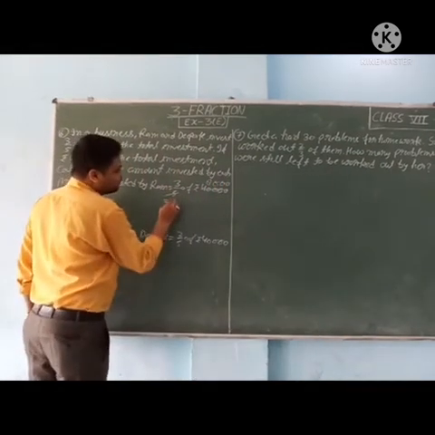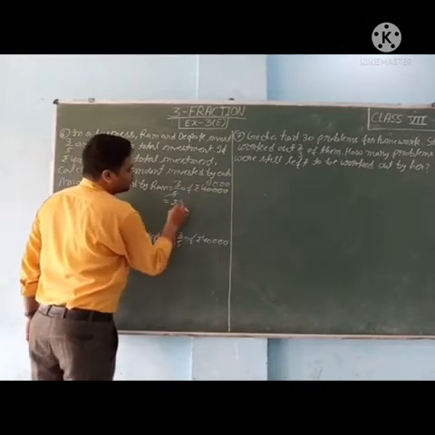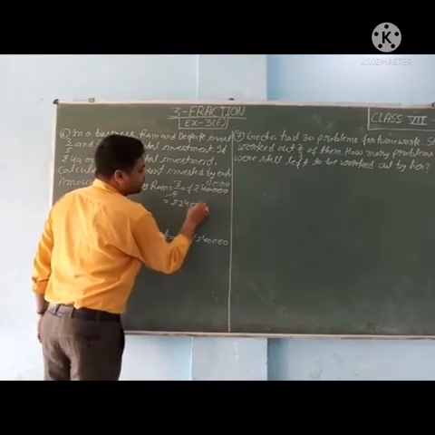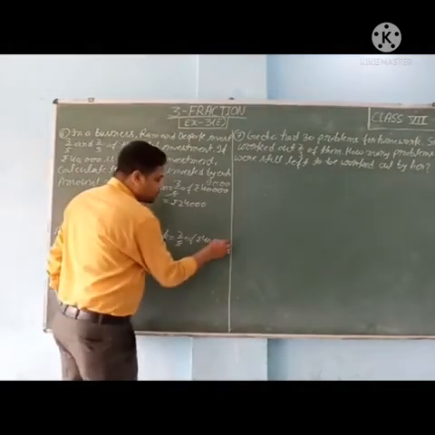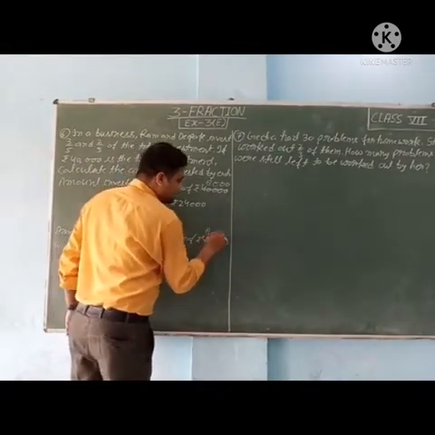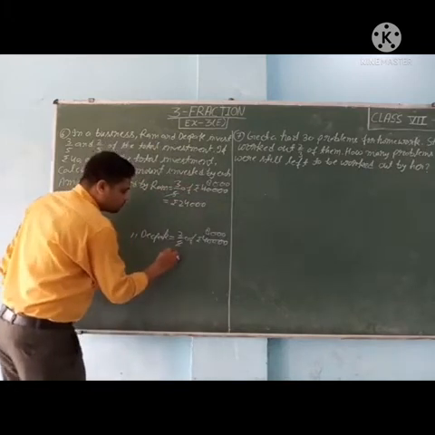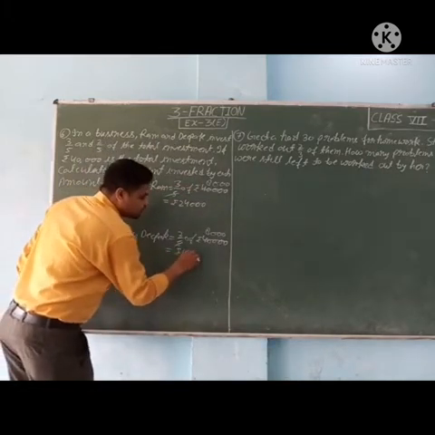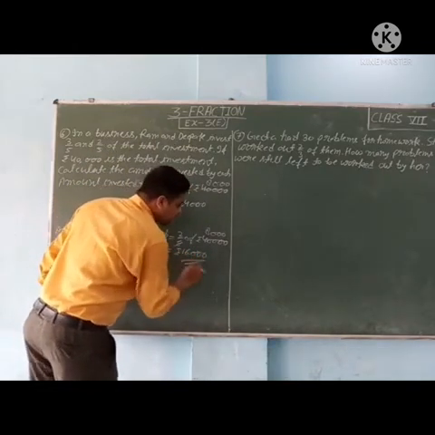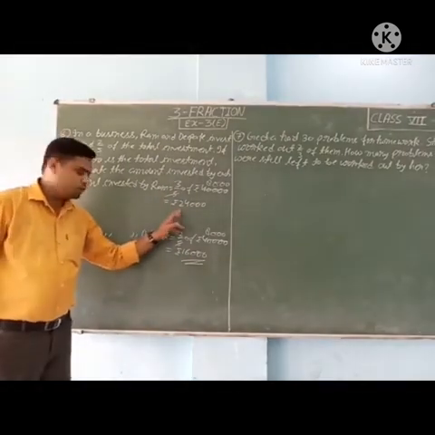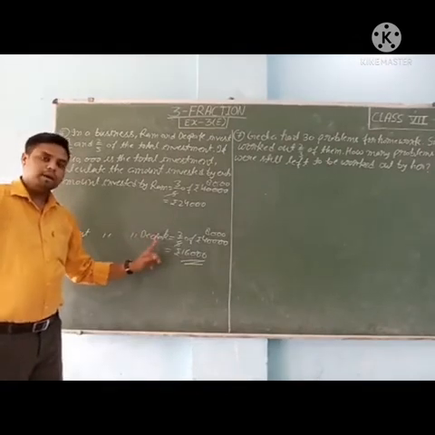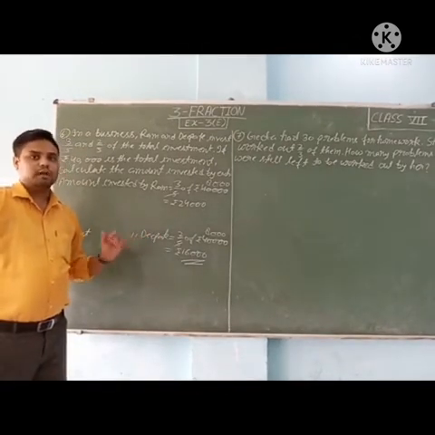So rupees 8 threes are 24,000 is invested by Ram. Then here 5 eights are 40 and 3 zeros. So rupees 8 twos are 16,000 invested by Deepak. So amount invested by Ram rupees 24,000. Amount invested by Deepak rupees 16,000.